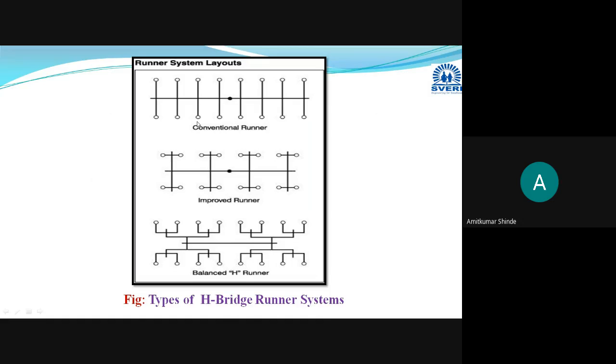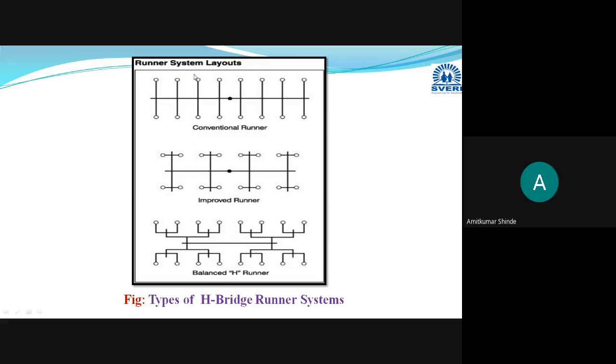These are conventional runner arrangement. This is improved runner arrangement. And this is the balanced herringbone bridge runner system. These are different designs. Just understand the design. In this way you can provide the runner system, or you can go for this one, or this one also.